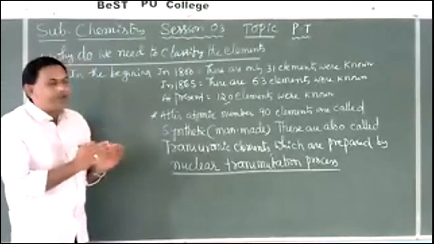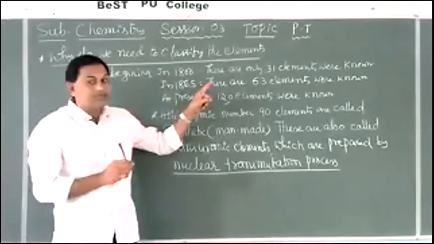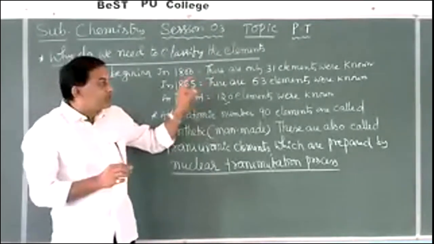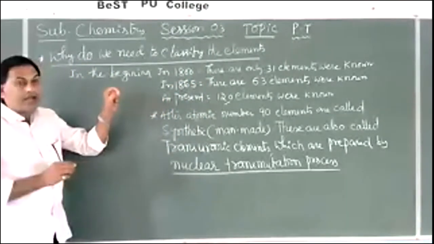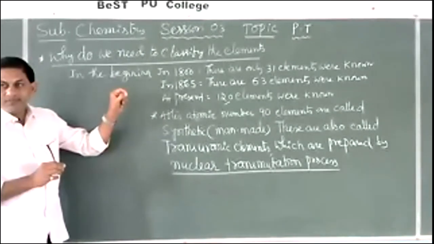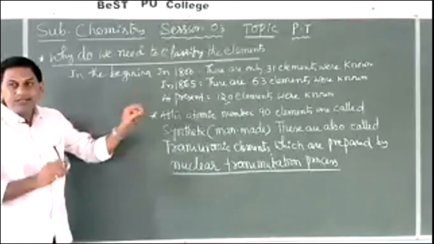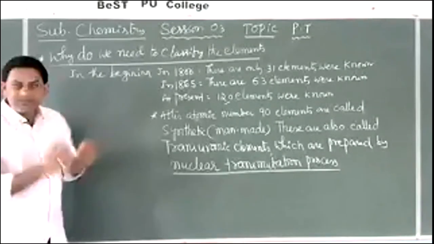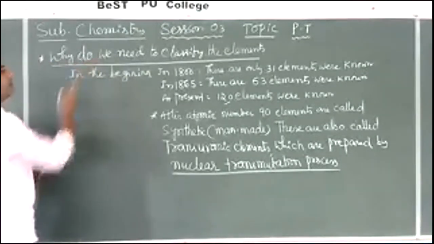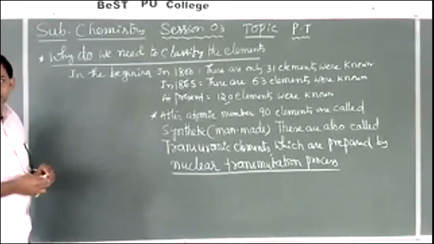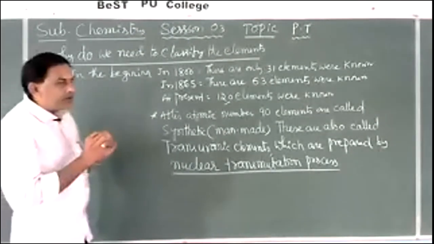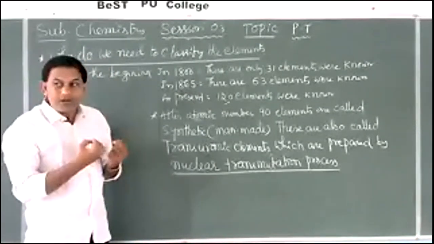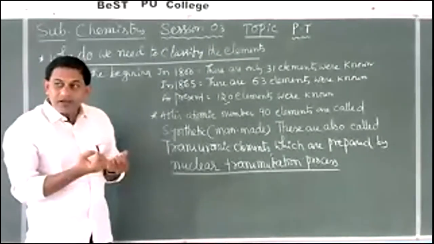So it is very difficult to estimate the individual elements' properties. That's why, to remember easily the characteristics of each element and the properties of their compounds, there is a need to classify all the known elements in a systematic manner.